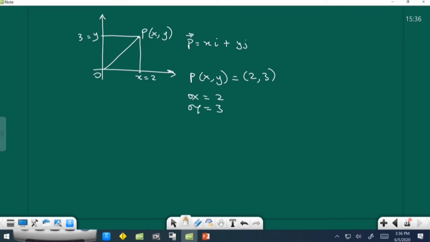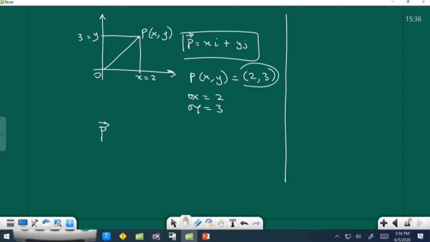So we can do this. And if you want to find points between 2 points, you have now the vector form of this. So if you want to see the vector form of these coordinates, we call it 2i plus 3j. That means we can convert from vector notation to ordinary coordinate geometry notation.